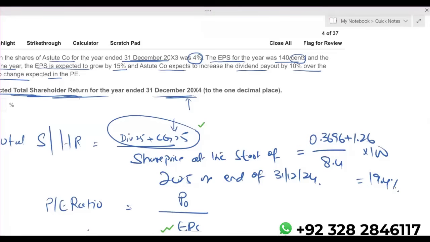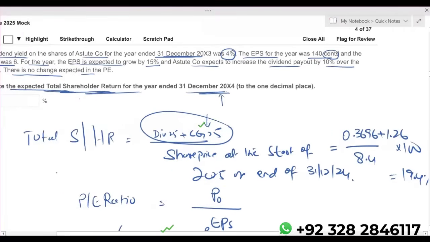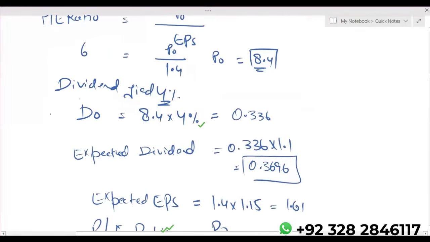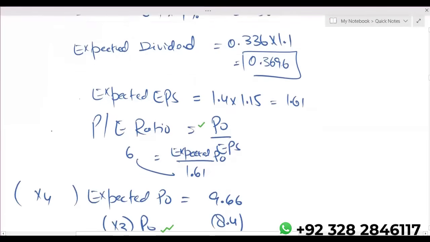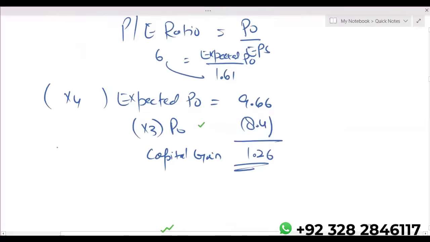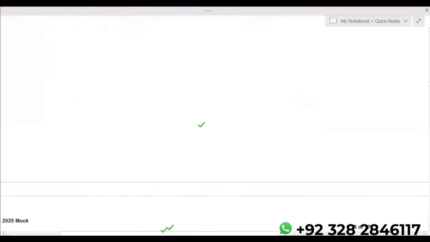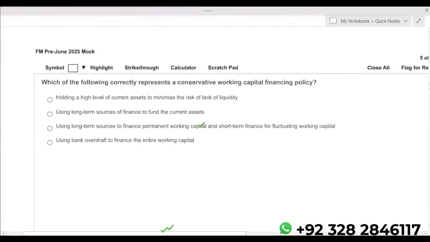Difference between X4 and X3 share price gives you the expected capital gain. So that is your total shareholders return. I strongly believe the entire calculation is clear to everyone. This is from where actually we start also our FM. In a very first lecture, normally we discuss this shareholders return. Now come here.